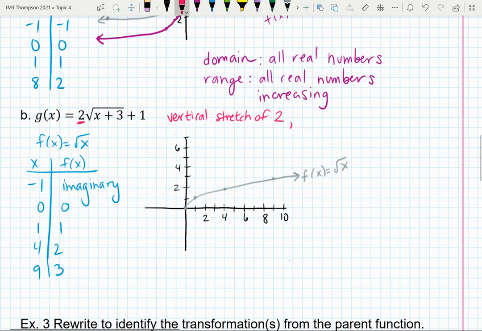See if you can jot down before I tell you, what does the +3 inside the argument and the +1 outside the argument do? Or at least just think about it in your head for a few seconds before we write it down.